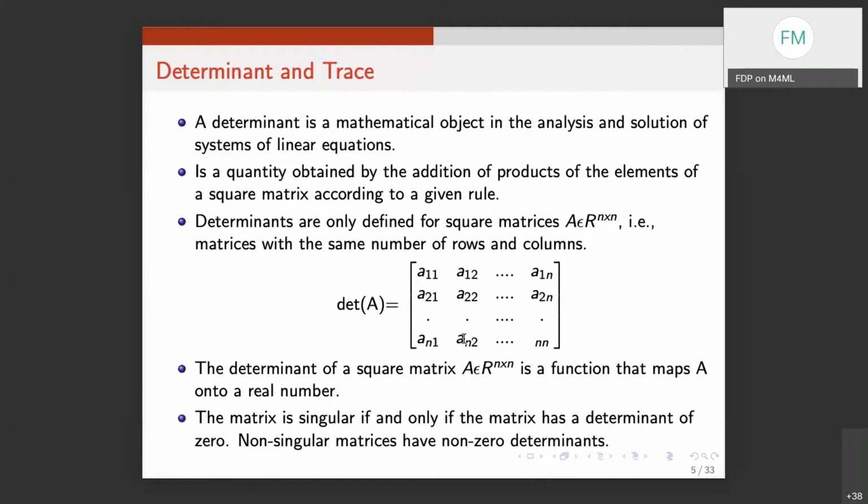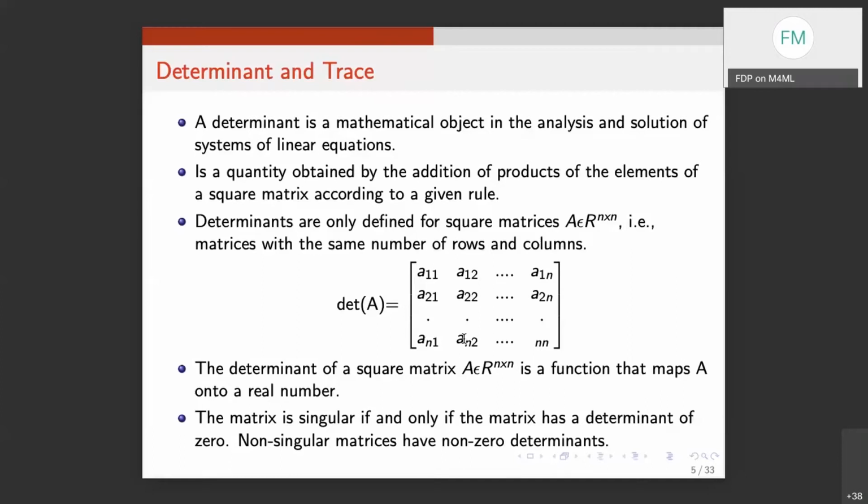One is the determinant and trace. I'll just go through this quickly because we are already familiar with how to determine the determinant of a matrix as well as a trace. Just to brief, a determinant is a mathematical object in the analysis and solution of a system of linear equations.